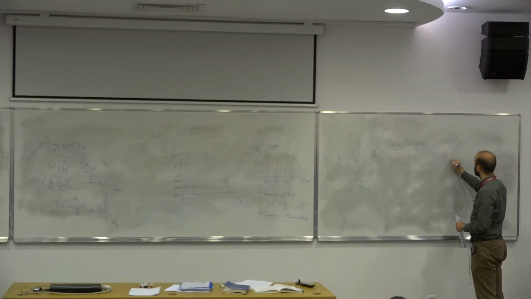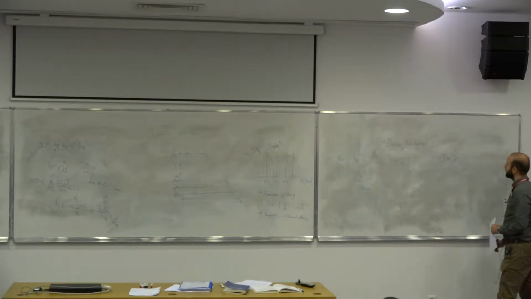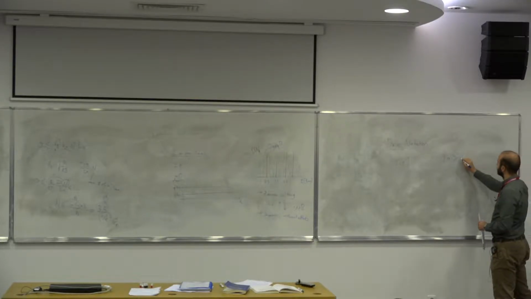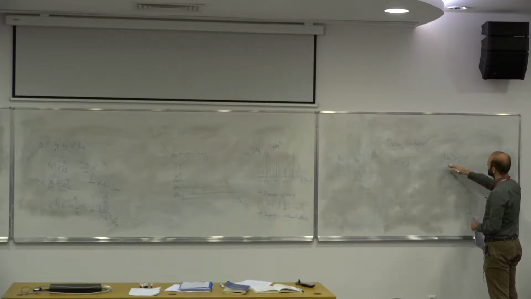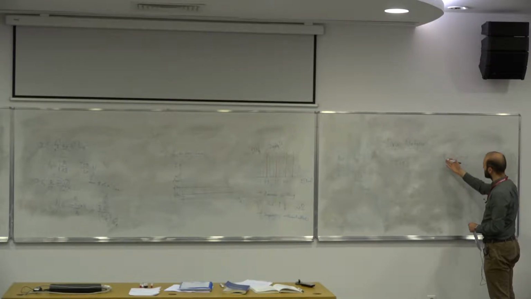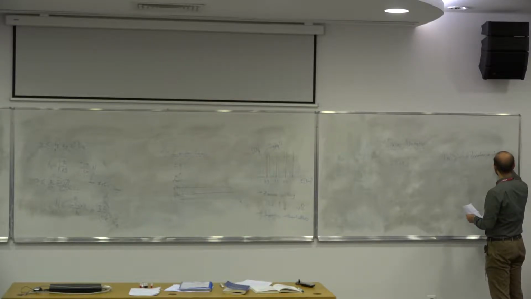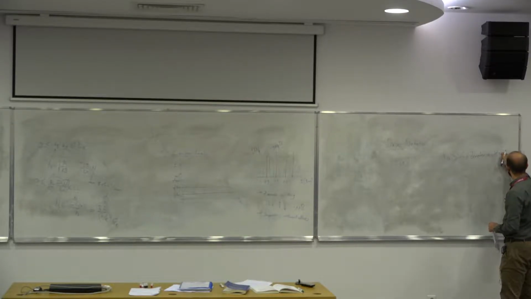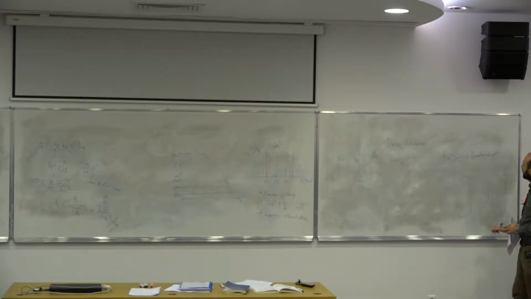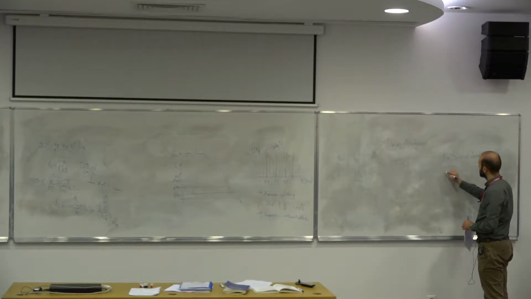Let's say there is a special way of expressing states. So this denotes a state, okay? And this is called a ket.